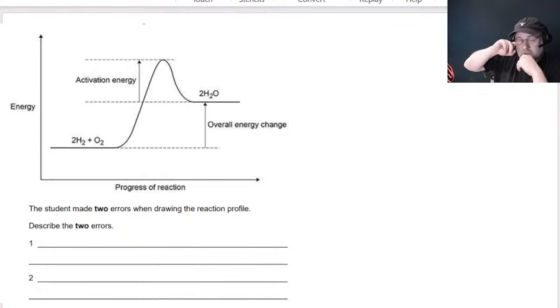We didn't really, I should have read the stem of the question. I don't know if this was an exothermic or endothermic.